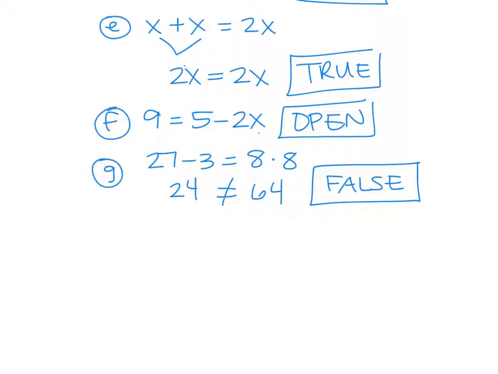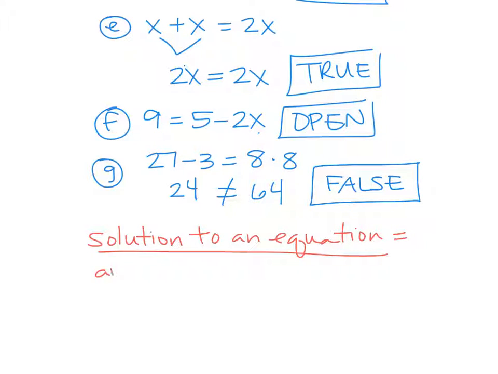Okay. Last thing we're going to talk about in this half of the lesson is a solution to an equation. And a solution to an equation is basically saying any value of a variable that makes the equation true. Okay, so any value of a variable.